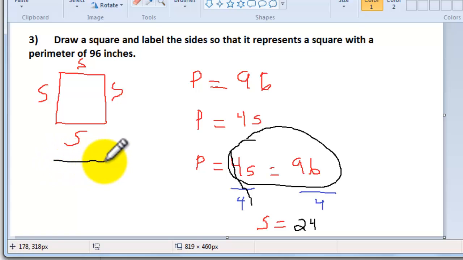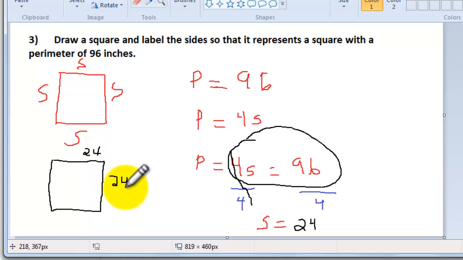We're simply saying, okay, because the perimeter was 96, that means each side is 24 inches. That's what that means. And that's all they wanted you to do on that one. So if you're going to draw the square, then you would draw it like this, showing that each side has 24 inches. Okay.